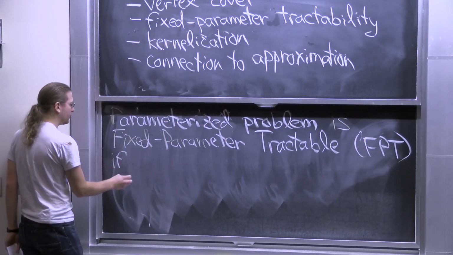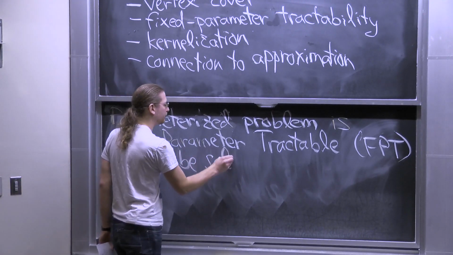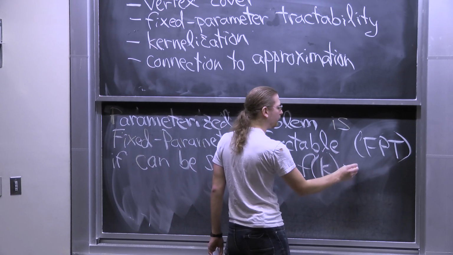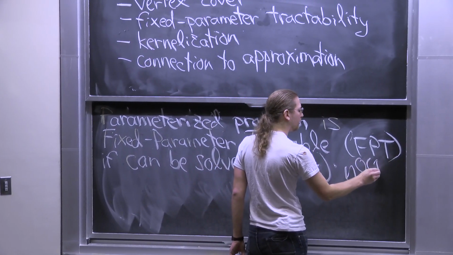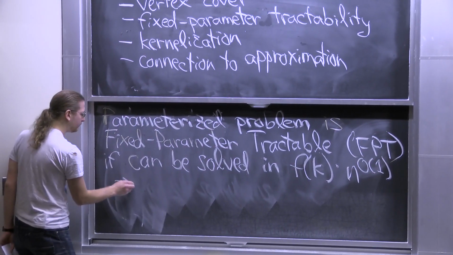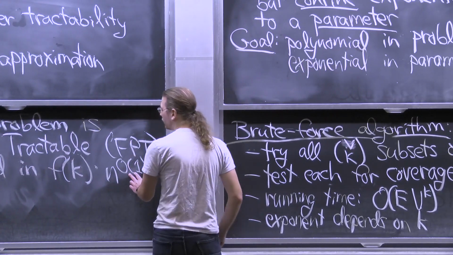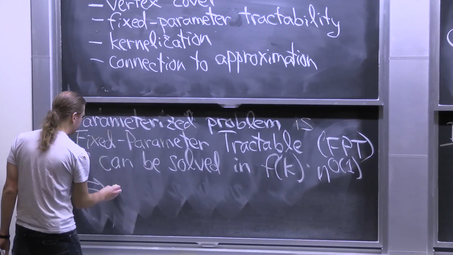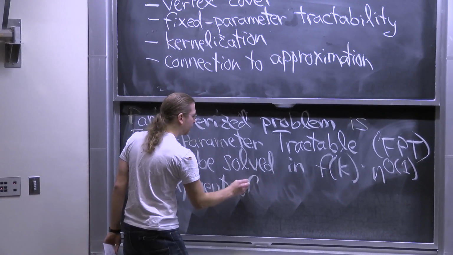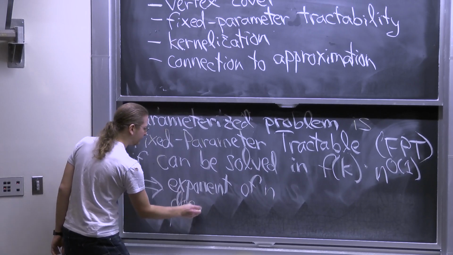If it can be solved in f of k times polynomial in n. Because this means that the exponent of n doesn't depend on k.